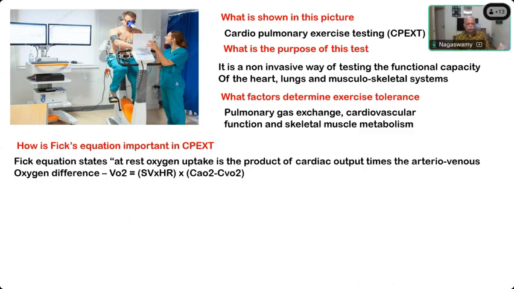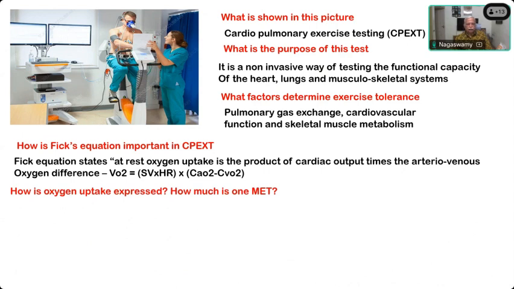Okay, very good. So stroke volume times heart rate is cardiac output, multiplied by arterial oxygen content minus venous oxygen content. Okay, that is the oxygen uptake. So this is what determines cardiopulmonary exercise testing.